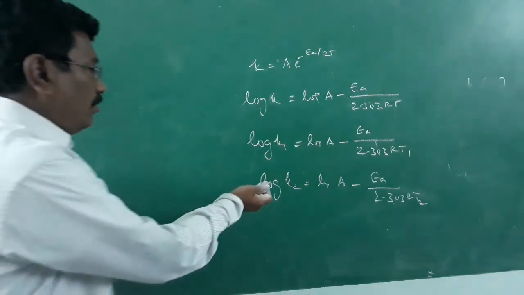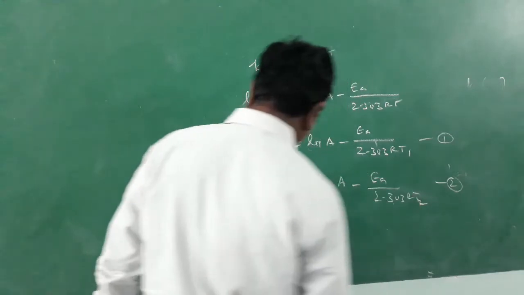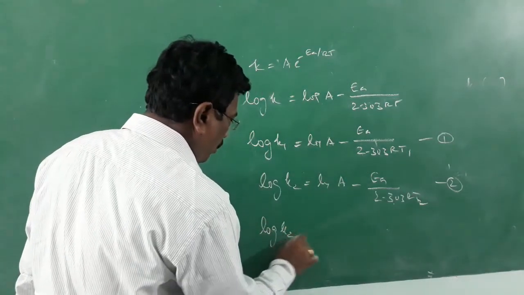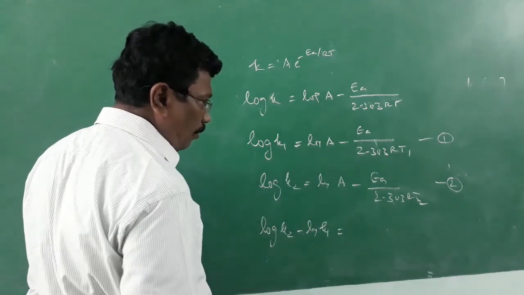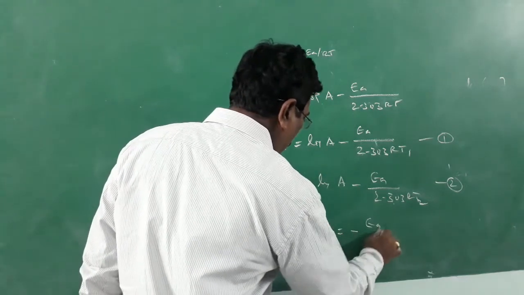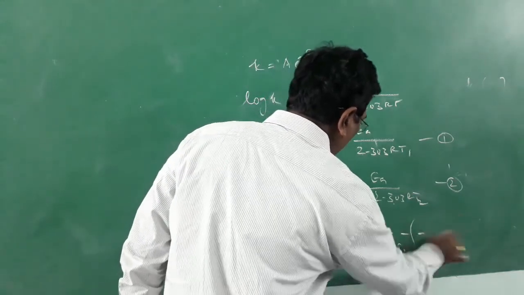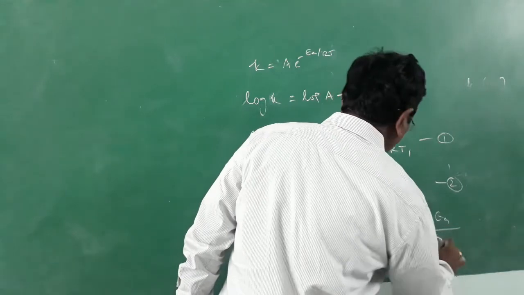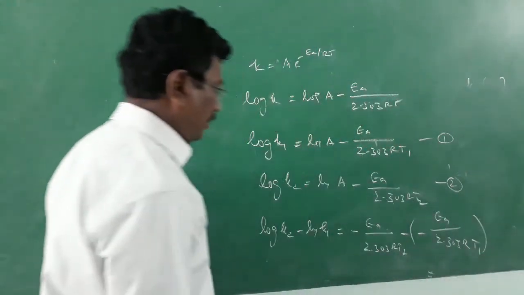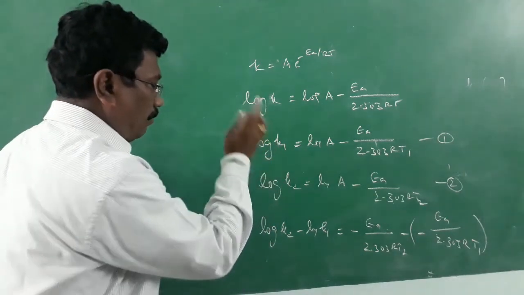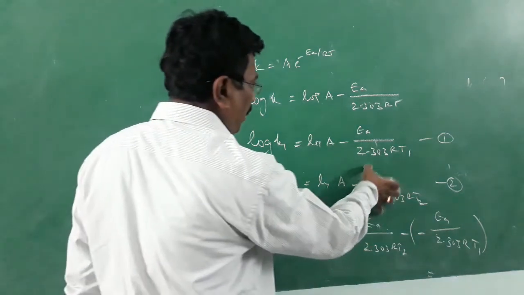If you subtract 1 from 2, log K2 minus log K1 is equal to log A minus log A, which gets cancelled to 0, minus Ea by 2.303 RT2 minus of minus Ea by 2.303 RT1. I have taken K2 first, K1 next.